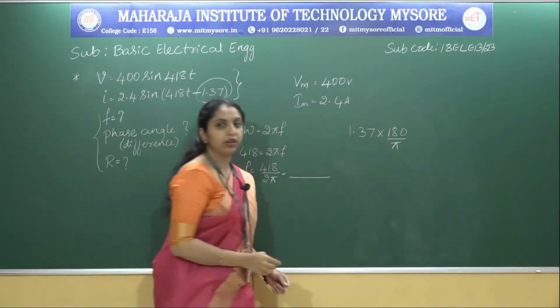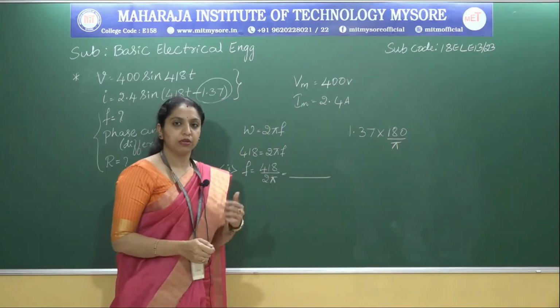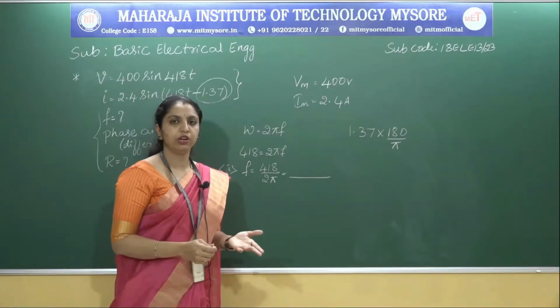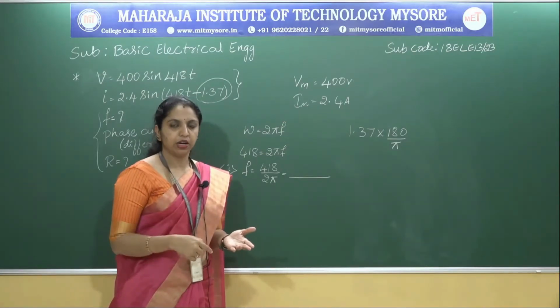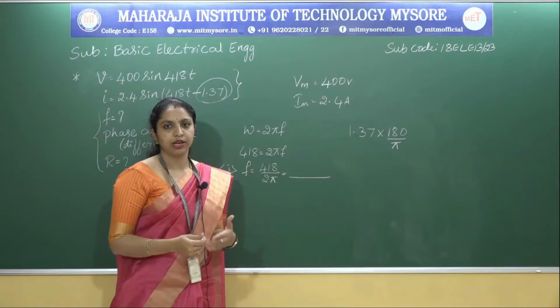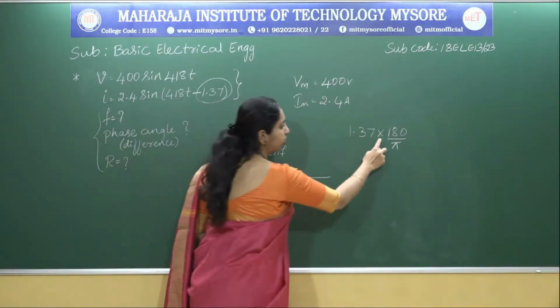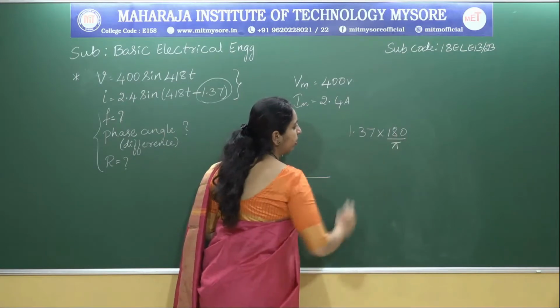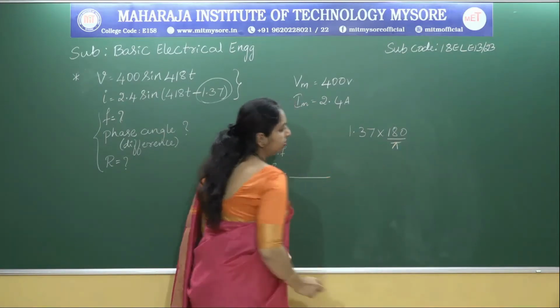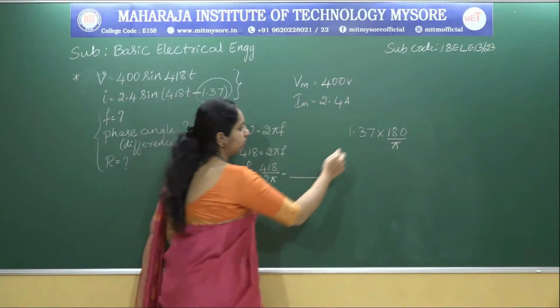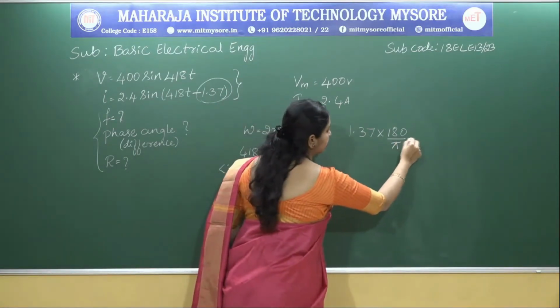Remember, whenever we convert from degrees to radians, we multiply by pi by 180, and whenever we convert from radians to degrees, we multiply by 180 by pi.